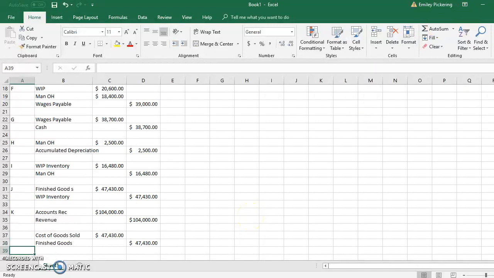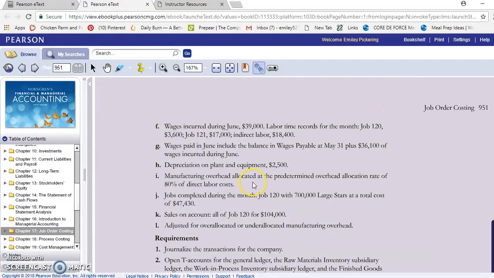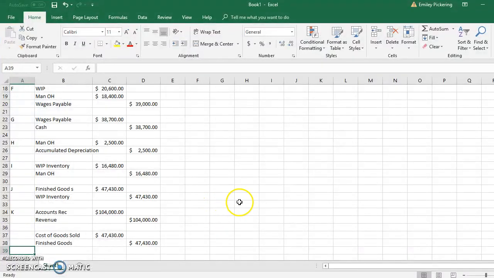All right, so I think this hopefully is the last one. Adjust for over or under allocation of our overhead. So we now have all of our actual expenses. We also have what we allocated, and we need to find the difference. So let's go ahead and figure out what those different expenses are. So I'll add it up over here.